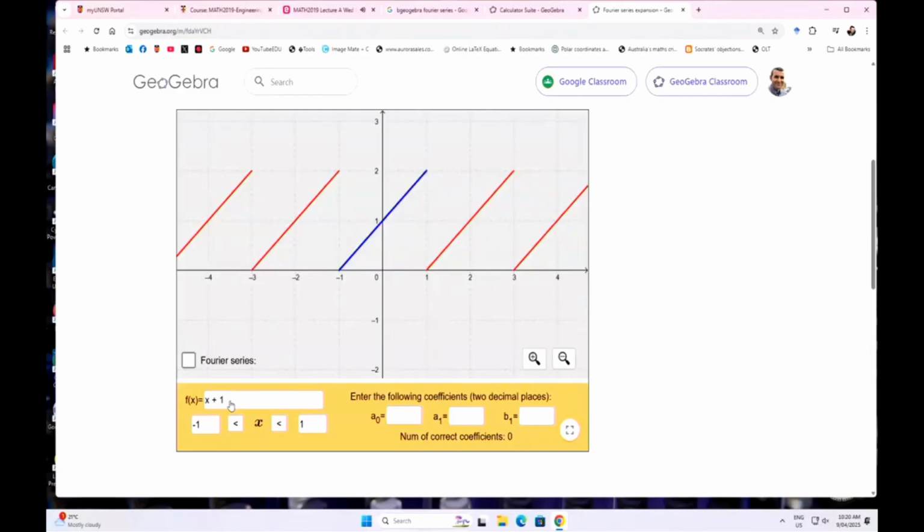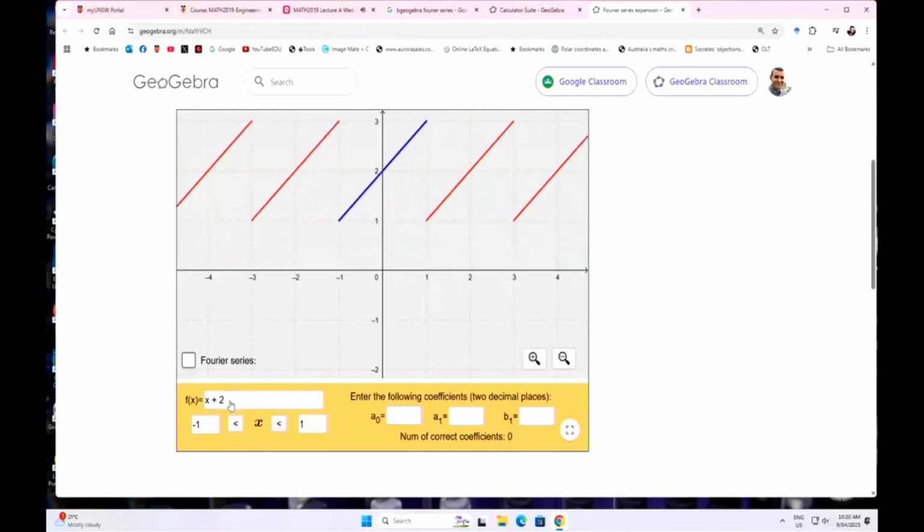Actually, let's make that even better. So, you look at this function. It's not odd, right? It's not an odd function.